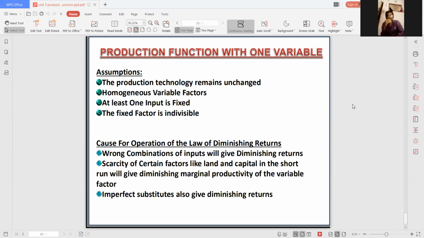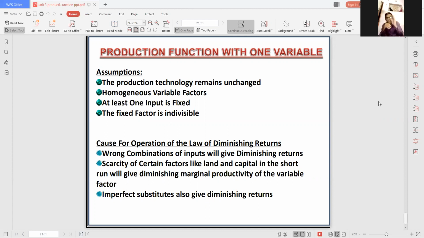If changes happen, if we use updated technology, then with a lesser amount of capital or lesser amount of labor we can generate more production than before. So for this production function with one variable to be valid, the production technology remains unchanged, meaning constant. Next, homogeneous variable factors: all the variable factors are homogeneous.